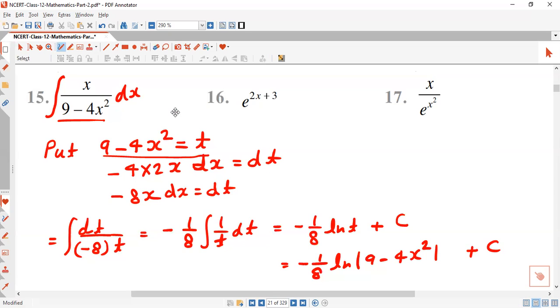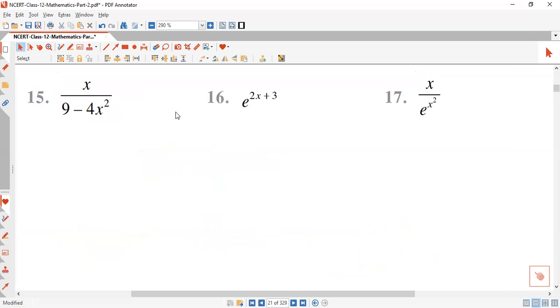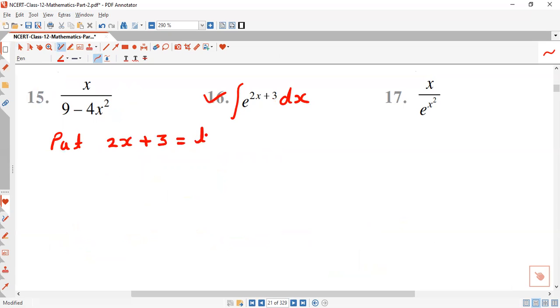Now we want to do question number 16. In this question number 16, we want to find the integration of this part. I can do that directly without the substitution method, and also we can use the substitution method. Put 2x plus 3 equal to t, and then taking the differentiation, 2 dx equal to dt. Now we put the value in this integration.